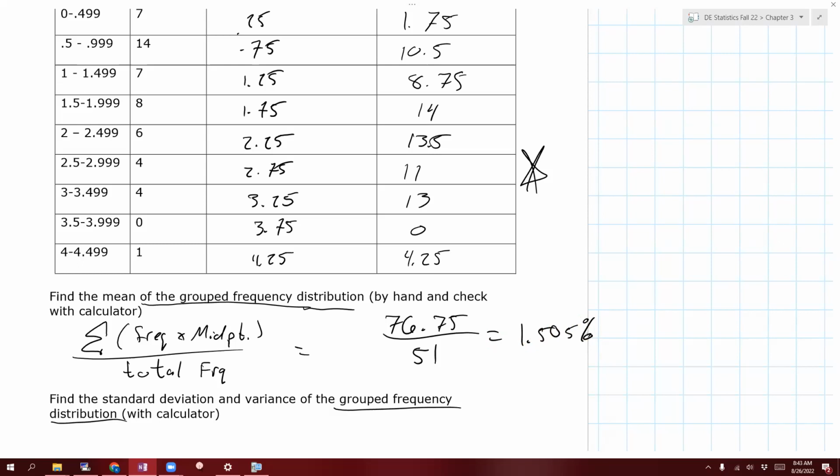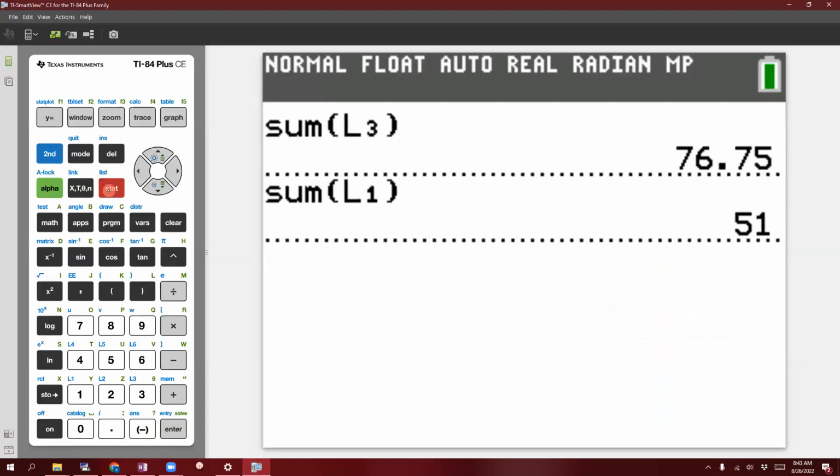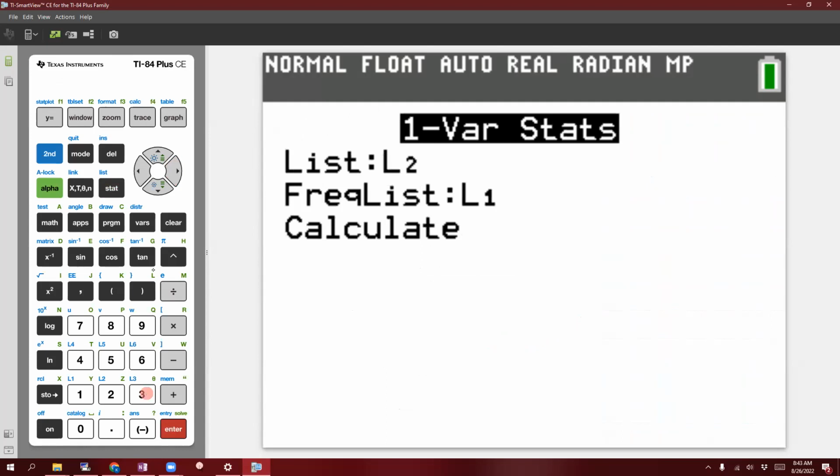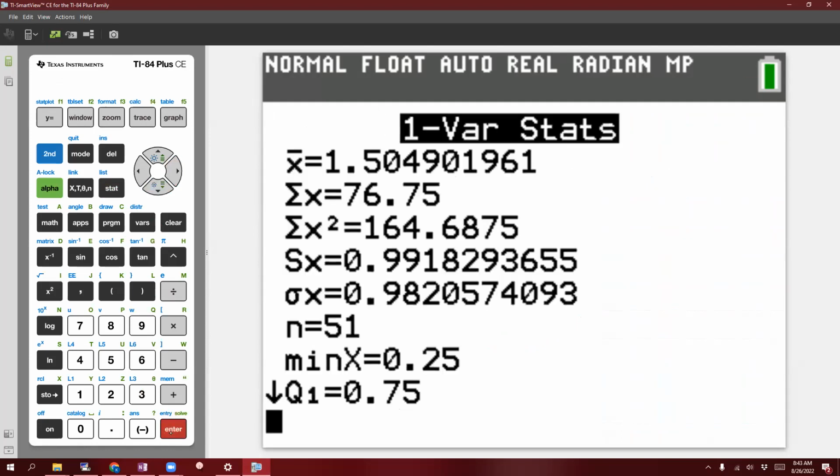Now, the next thing it asks us to find is the standard deviation and variance, and that we do using our one var stat. We can also check to make sure that we got our average correct. So when we come back here and we get into our one variable statistics and we do our list 2 and our list 1, when we hit calculate, that very first number is going to show us if we calculated our average correctly.